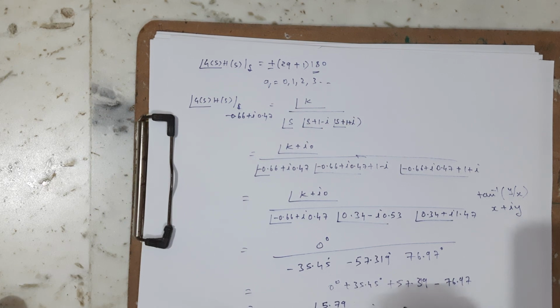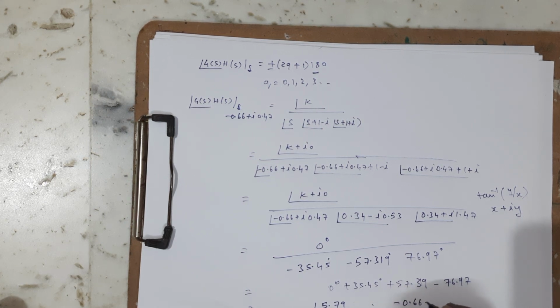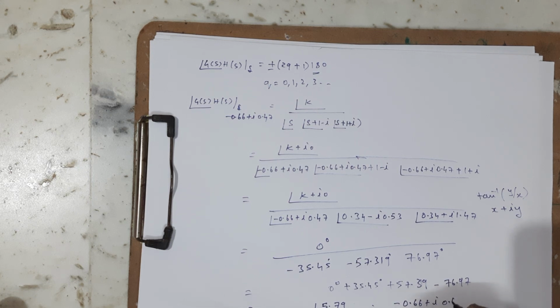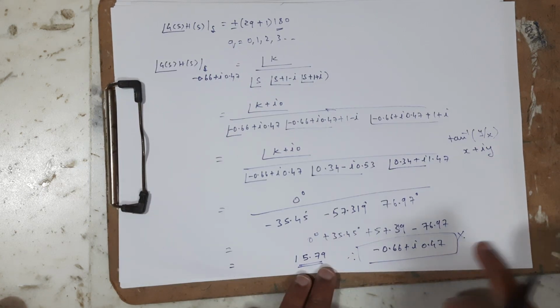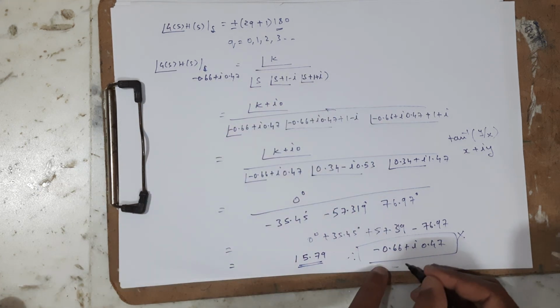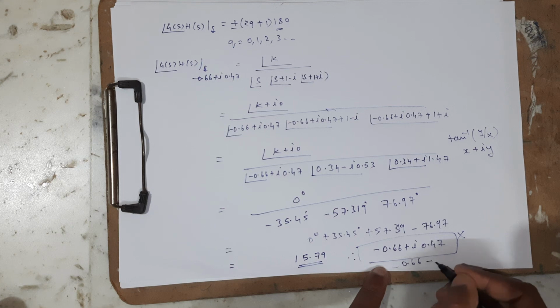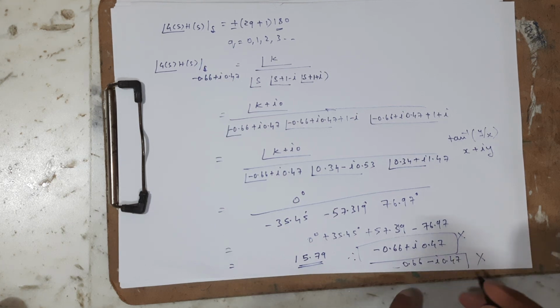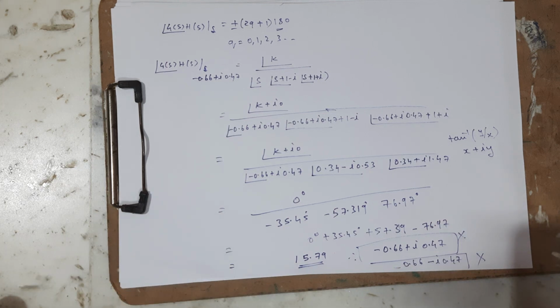Therefore, minus 0.66 plus i 0.47 is not a valid breakaway point. If this is not a valid breakaway point, its conjugate, that is minus 0.66 minus i 0.47, is also not a valid breakaway point.